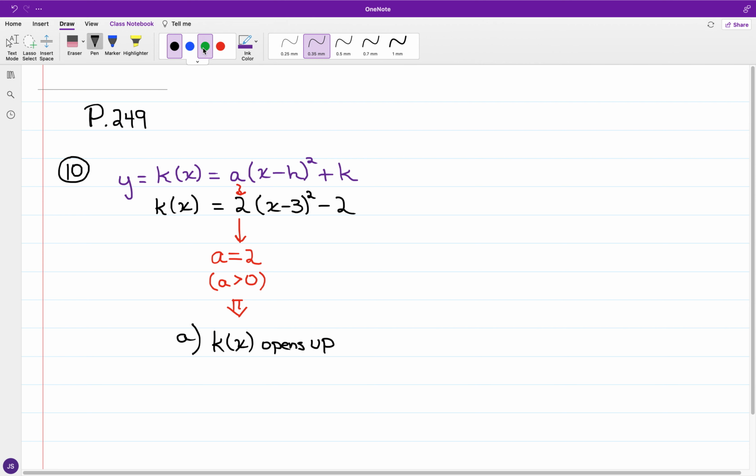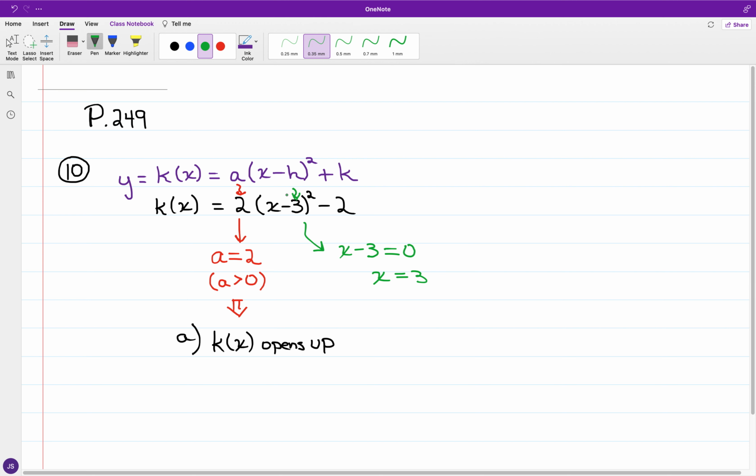And for the values of h and k, x minus h is represented by the binomial x minus 3. For the value of h, that is going to be the value of x whenever x minus 3 is set equal to 0. So if x minus 3 is 0, we have x is equal to 3.